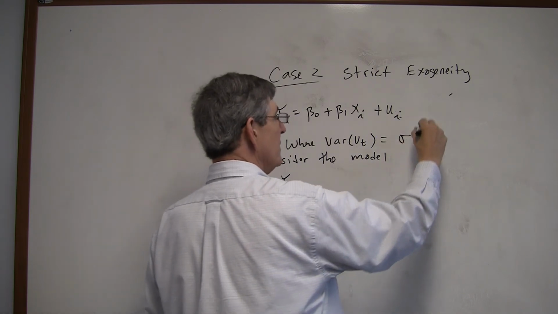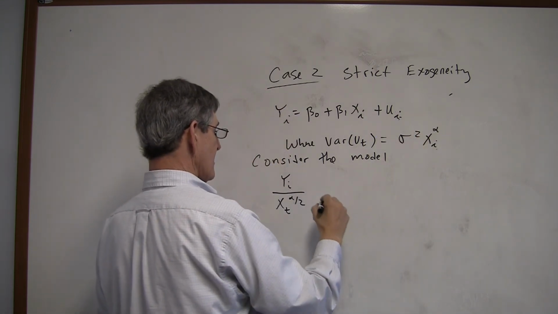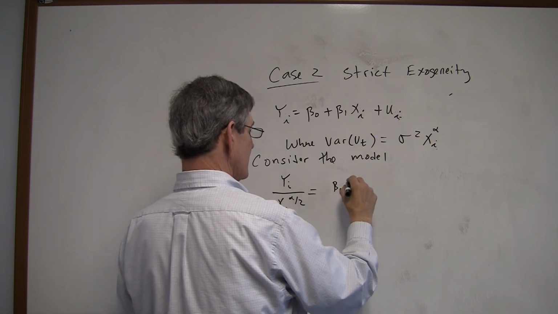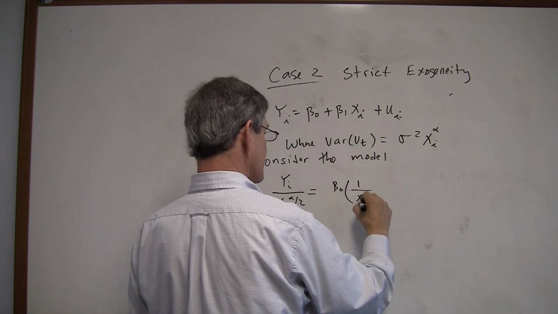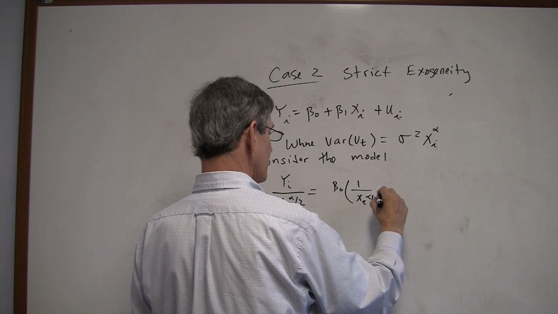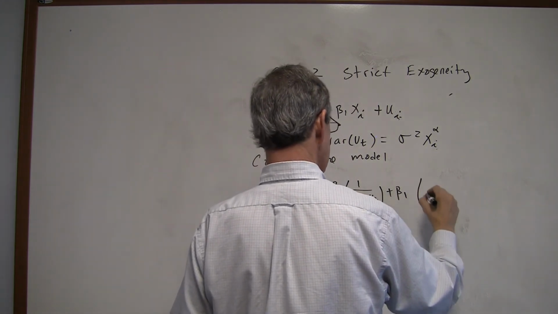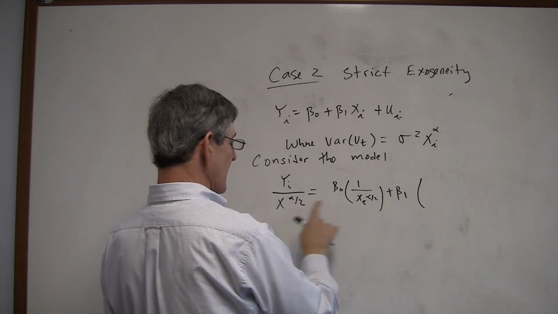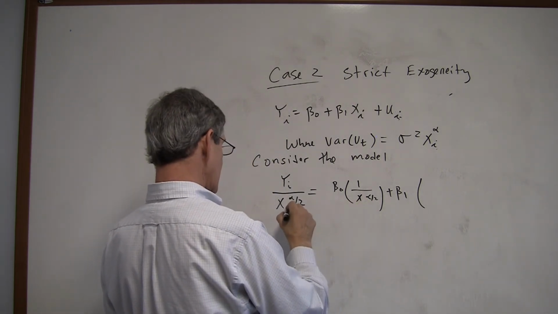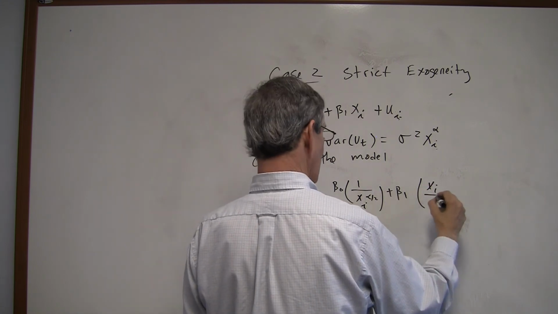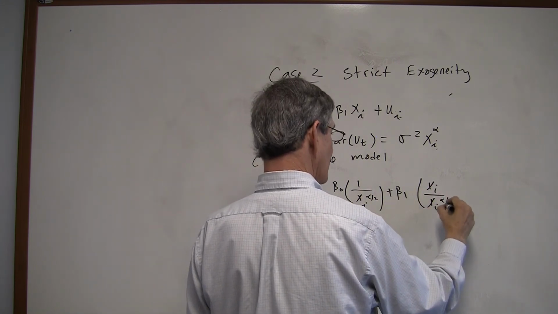So I'm going to take the square root of this thing. Equals beta 0 times 1 over xt to the alpha over 2 plus beta 1 times, I'm using t's again, I should be using i's since I switched, times xi over xi to the alpha over 2.